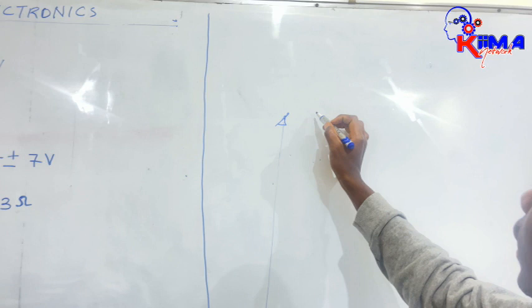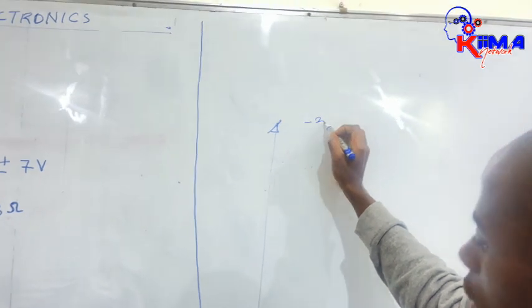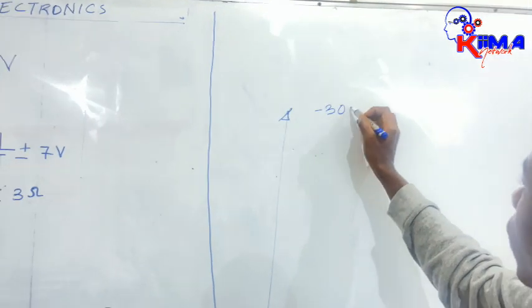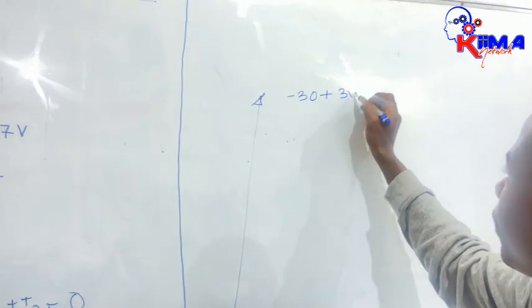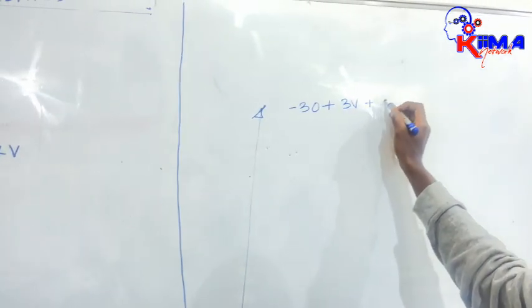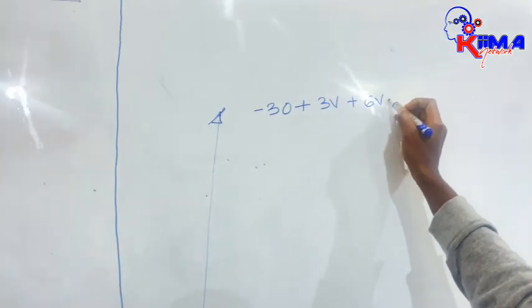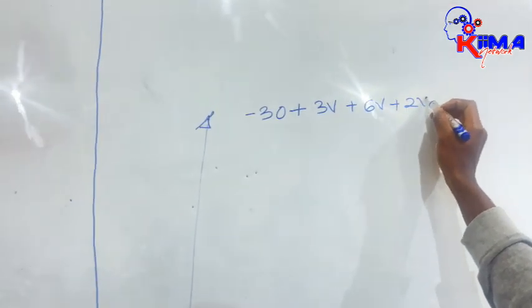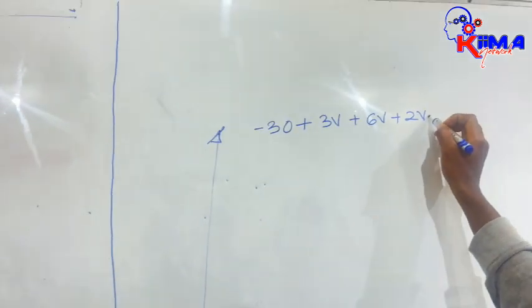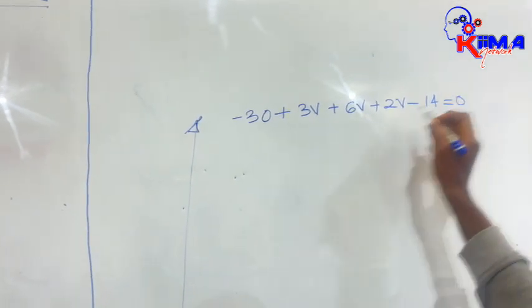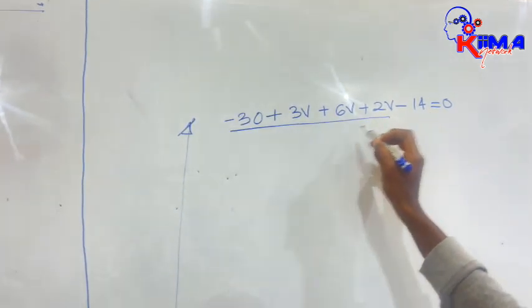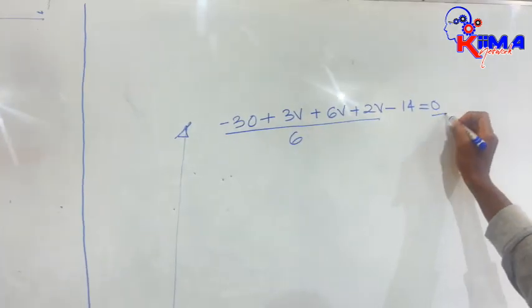We simplify this and get minus 30 plus 3V plus 6V plus 2V minus 14 equal to 0, all divided by 6.